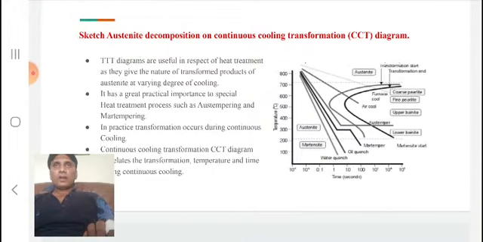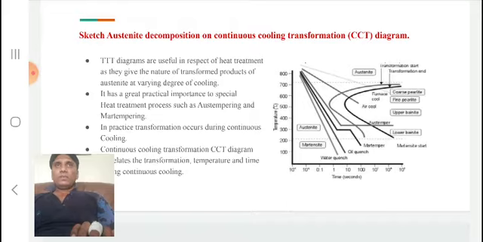So we understood how to acquire these microstructures using TTT diagrams, and we also discussed the advantages of the TTT diagram.